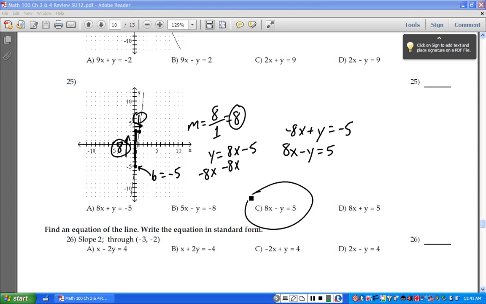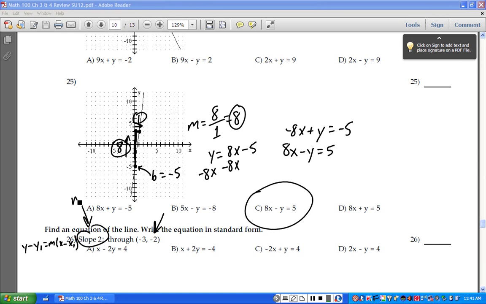26. Find the equation of a line, writing it in standard form. It's just this time we're not given a graphical representation. Pulling the information from what is given, we have a slope and we have a point. So we can plug that into our point slope equation. So y minus y1 equals m times x minus x1.